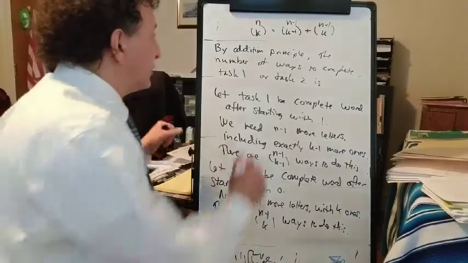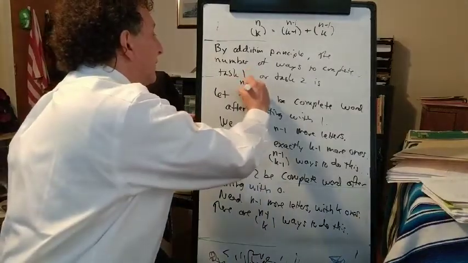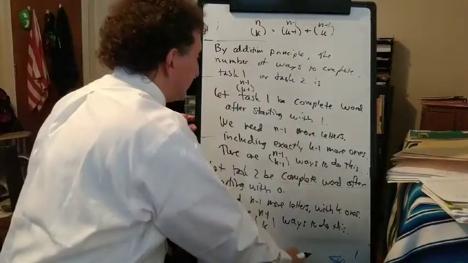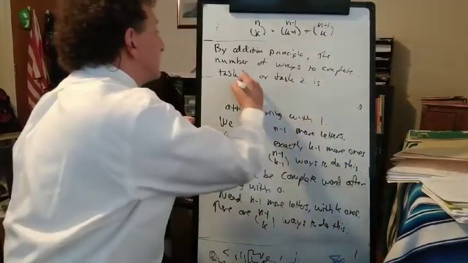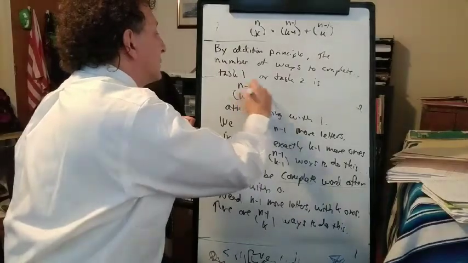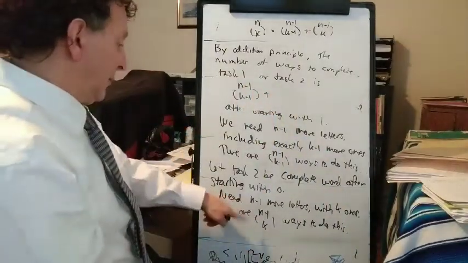That is n minus 1 choose k minus 1 plus n minus 1 choose k.